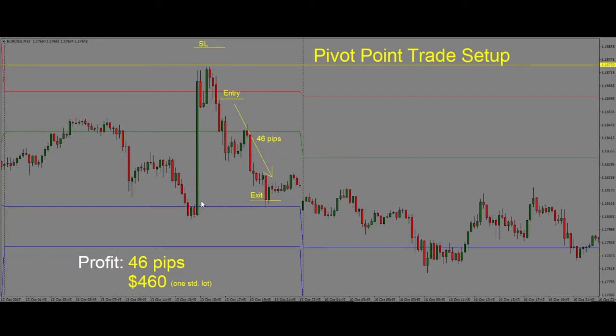This is also the level where our inefficient move took off from, so we would just place our target right here, or you can wait to see how price reacts at this level. So from entry to exit, we get 46 pips in our trade. So our profit is 46 pips or $460 if trading one standard lot.